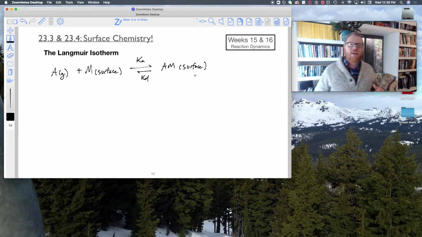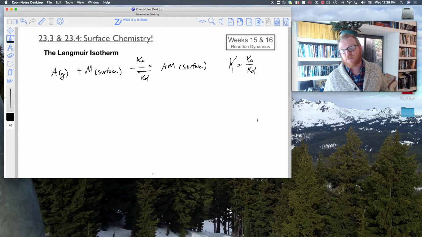And the value of the equilibrium constant, we remember the equilibrium constant for this will be the forward reaction divided by the reverse reaction, so Ka over Kd. The value of that constant is also a good indicator if something's been chemisorbed or physisorbed.